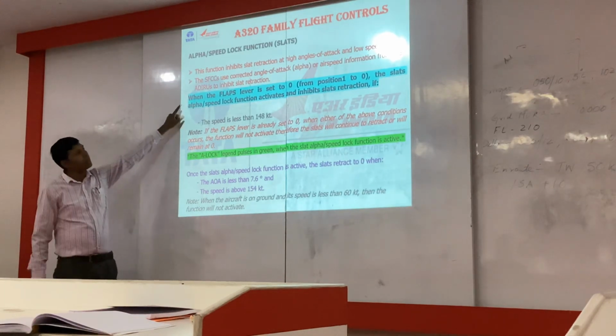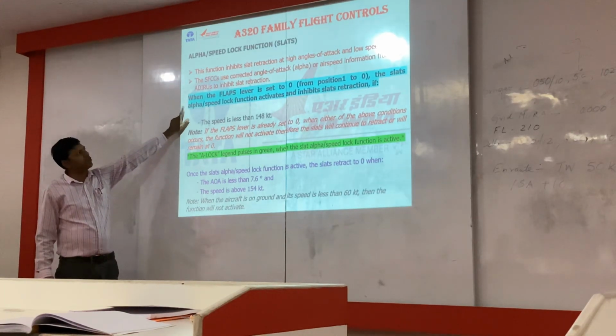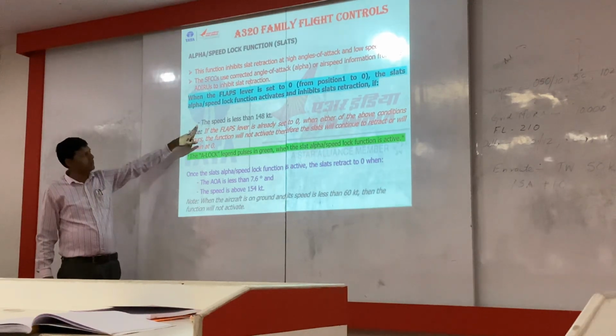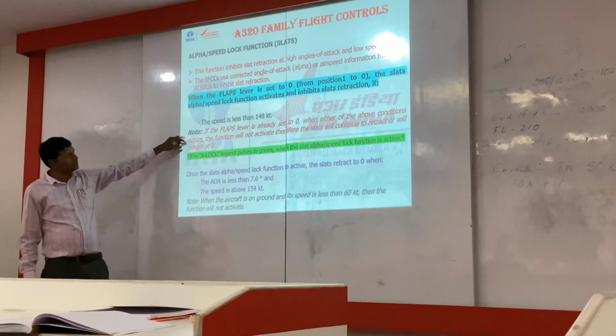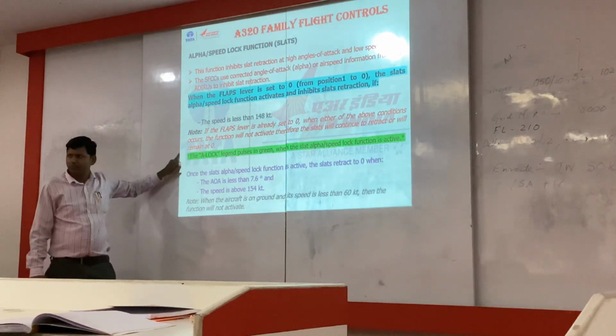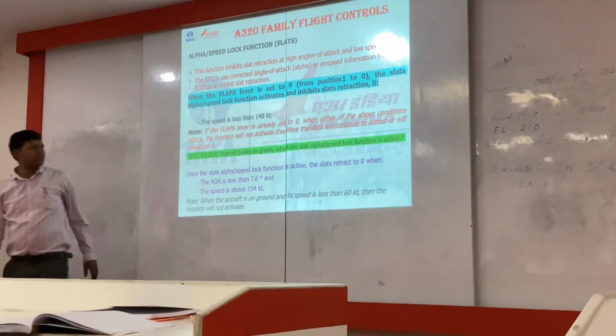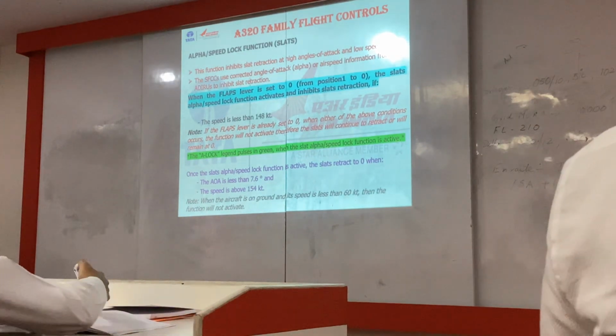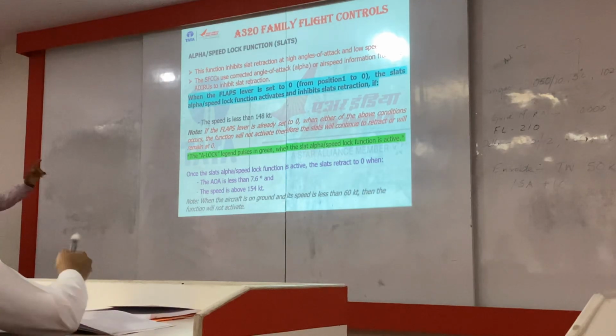The slat alpha speed lock function activates and inhibits slat retraction when the speed is less than 148, and the message ALPHA LOCK will come. The legend pulses in green when the function is activated. Basically, if it is already set to 0, then this will not come. When you are moving it from 1 to 0, then that is the condition.